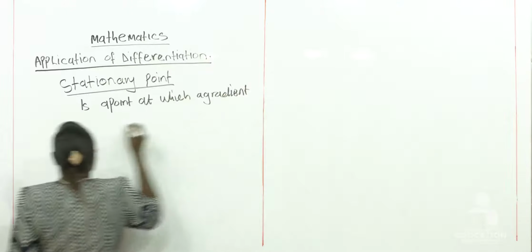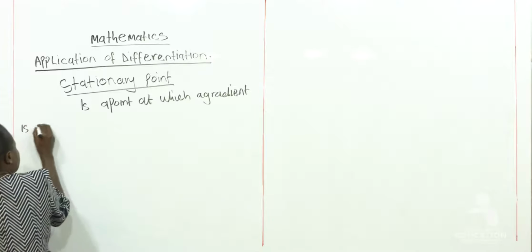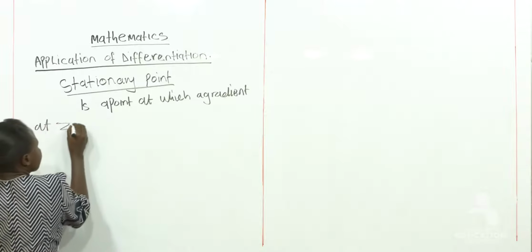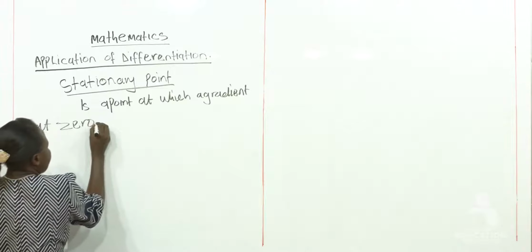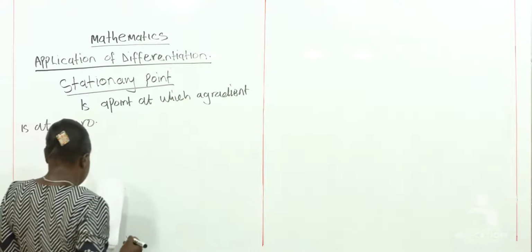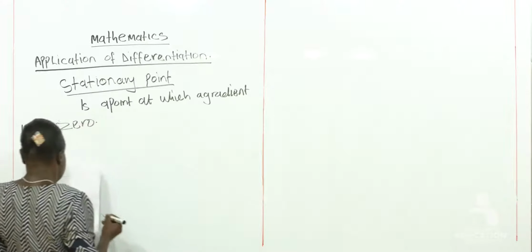The gradient is 0. So this is what we call a stationary point.